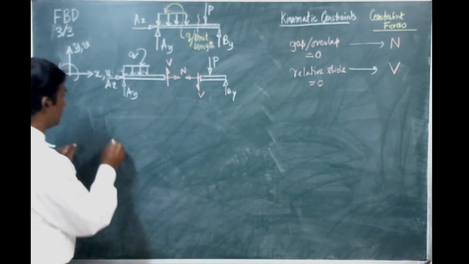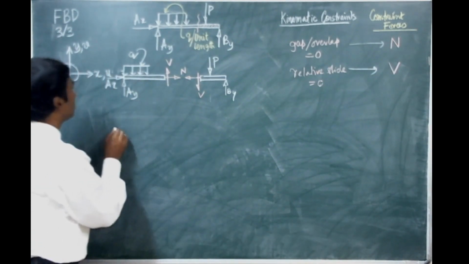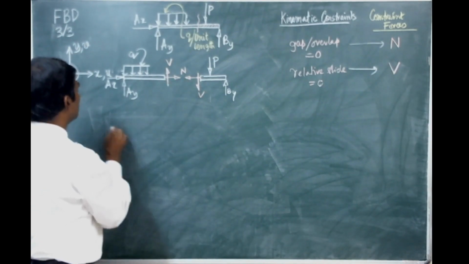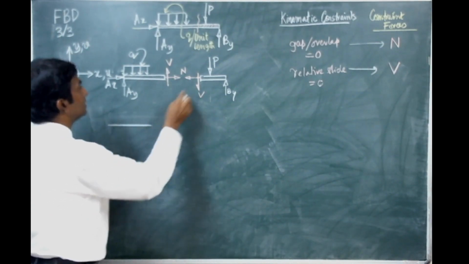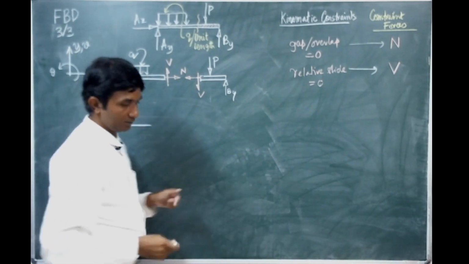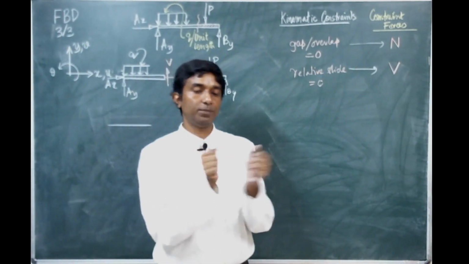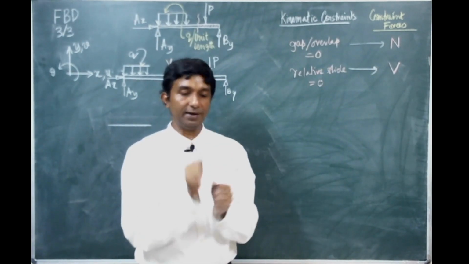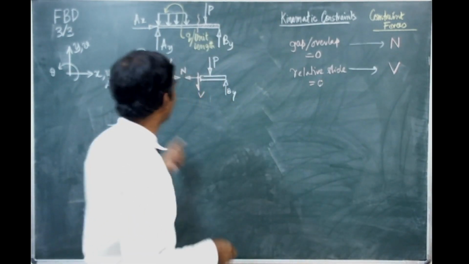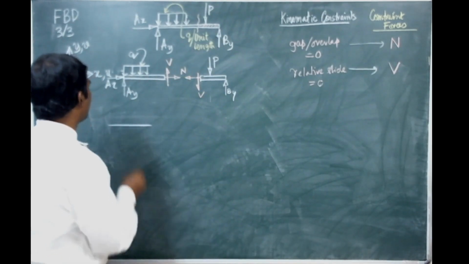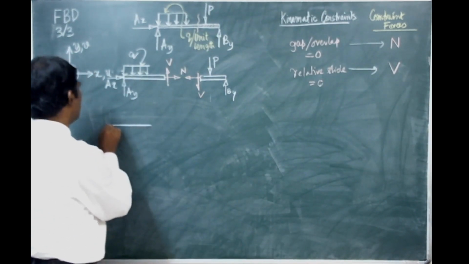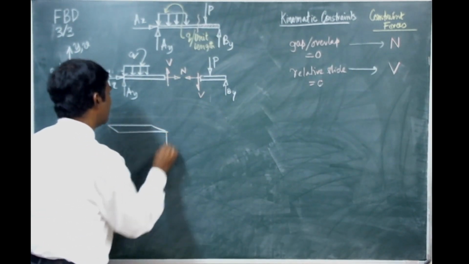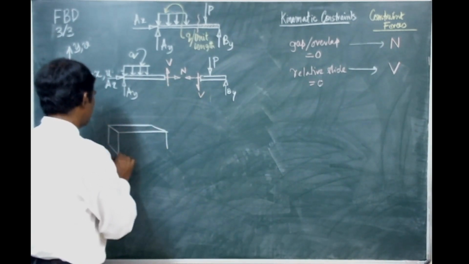So there should not be any kink. So with these two constraints, you see that at these sections there is no relative gap or overlap, and there is no relative slide. But still there is one possibility, that is the kink is possible.